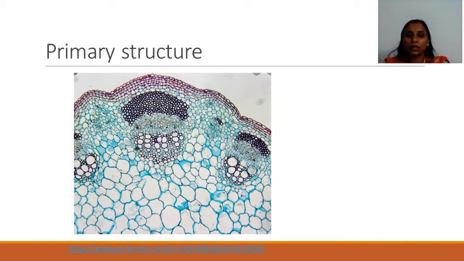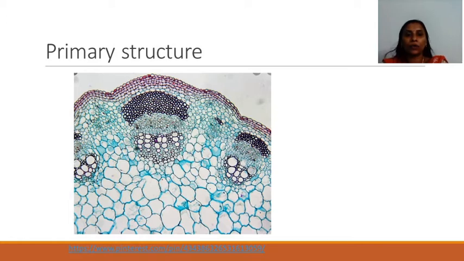Just inner to the endodermal layer we can see pericycle. Pericycle is the starting layer of the stellar region. Usually pericycle is of two different types: one is the homogeneous pericycle and the other one is the heterogeneous pericycle. Homogeneous means it is made up of a single type of cells.